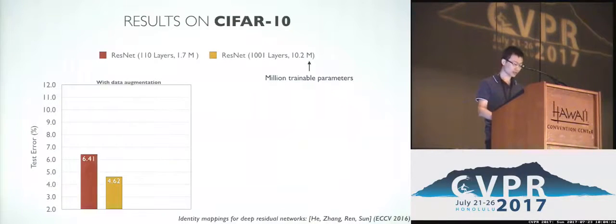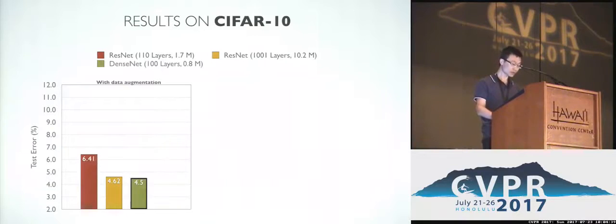The 110-layer ResNet gets 6.4% test error on this dataset, and the 1,000-layer ResNet got 4.62% test error. Now we train a small DenseNet with 100 layers and only 0.8 million parameters.